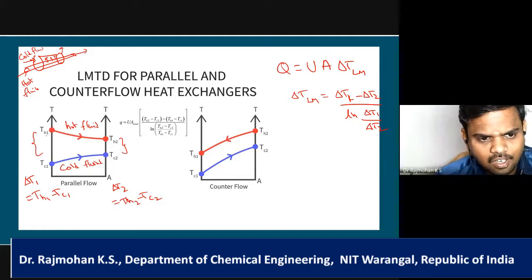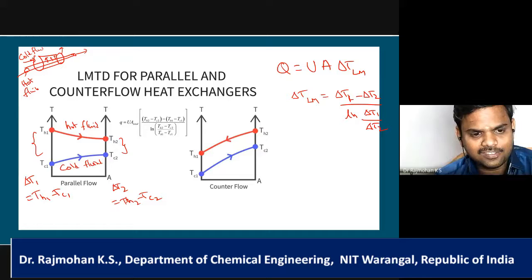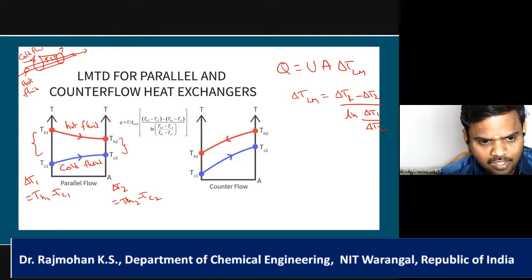That's why you can see hot liquid entering at higher temperature, and along the length of the pipe, it will get reduced to temperature TH2. That's why TH2 is less than TH1. What happens to the cold fluid? It enters at low temperature TC1 and it gets heated, because the heat is transferred from the hot fluid to this cold fluid, so its temperature will rise to TC2. So this delta T1 is this temperature difference, TH1 minus TC1, and TH2 minus TC2, for a parallel flow.